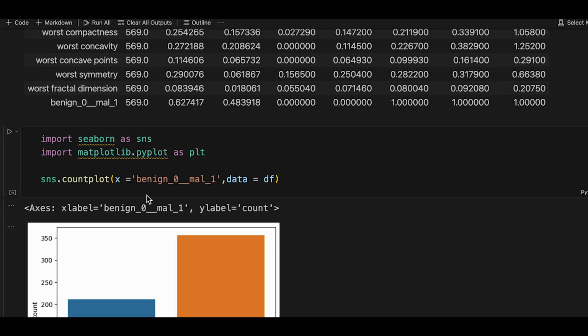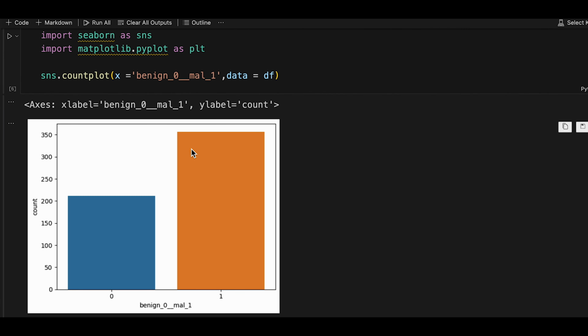Our output feature is this one, and the data is in this data frame. On doing this, this is the graph that we get, where 0 represents the people who are not having cancer, and 1 represents the people who are having cancer. Clearly, near 200 people are not having cancer, whereas near 350 or 360 people are having cancer. So this is our data distribution.